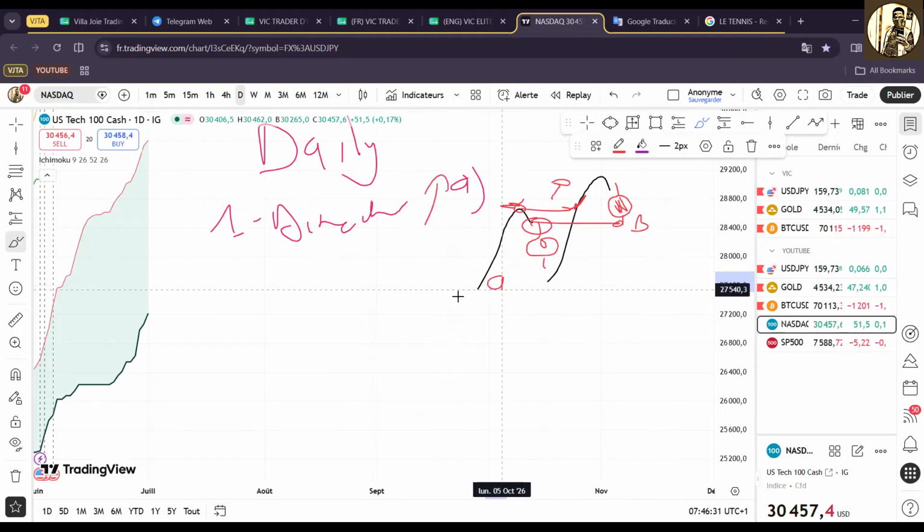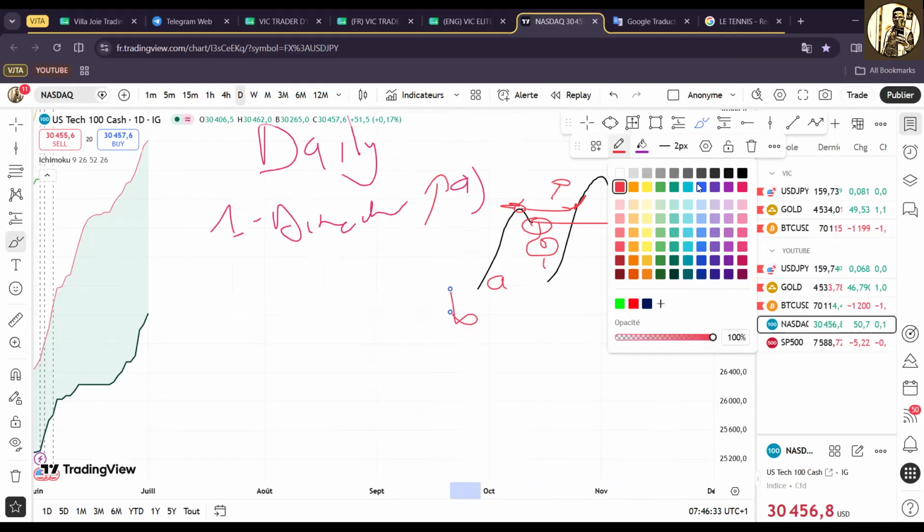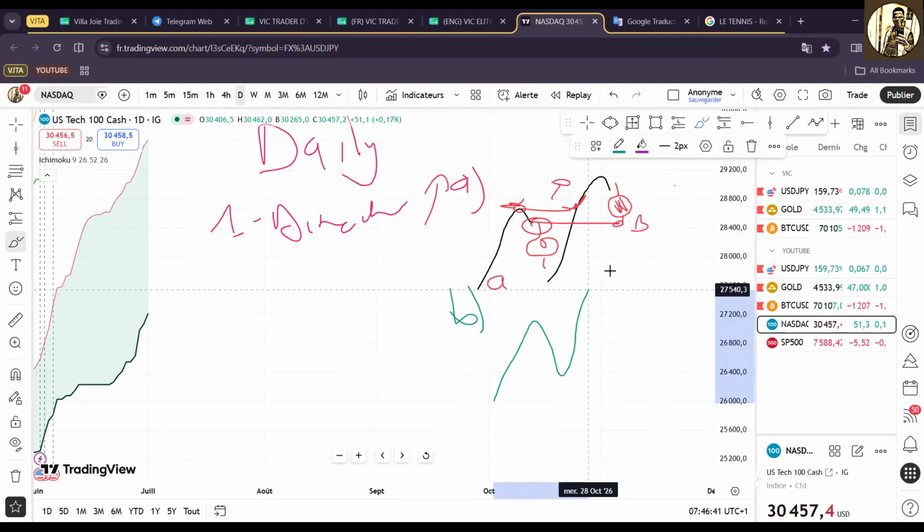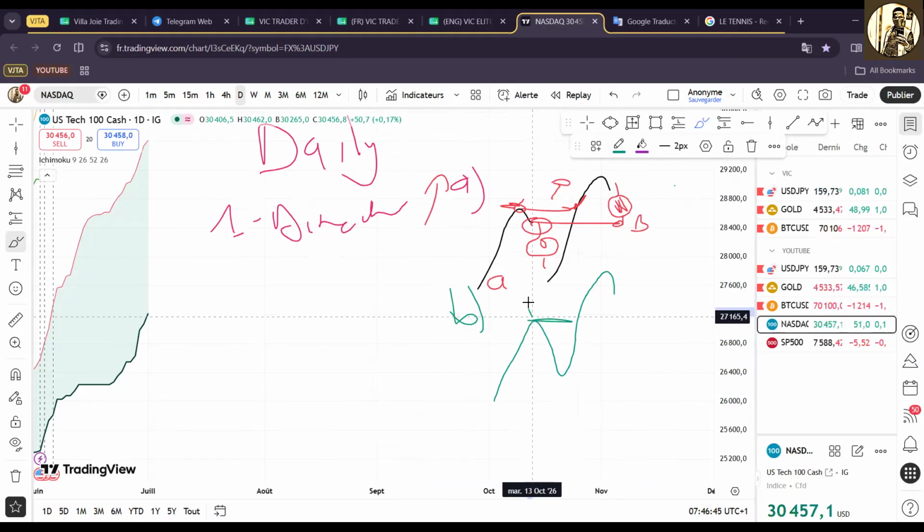Now, for the second case, for example, the price goes to the upside, creates another high and breaks this high, this resistance. The direction is given just by the fact that the price broke the resistance on the left.